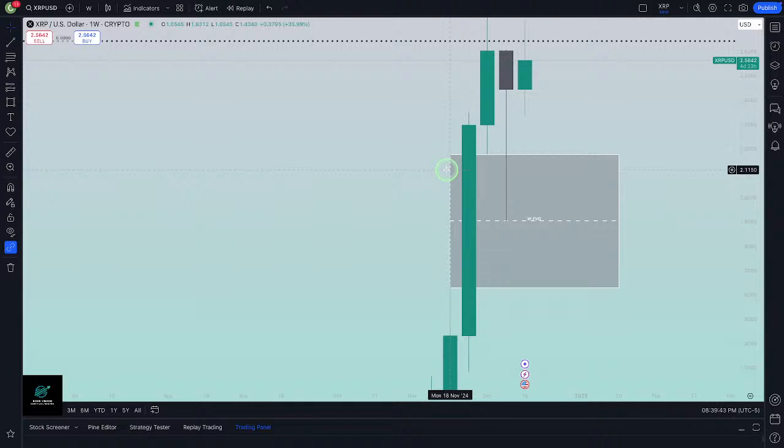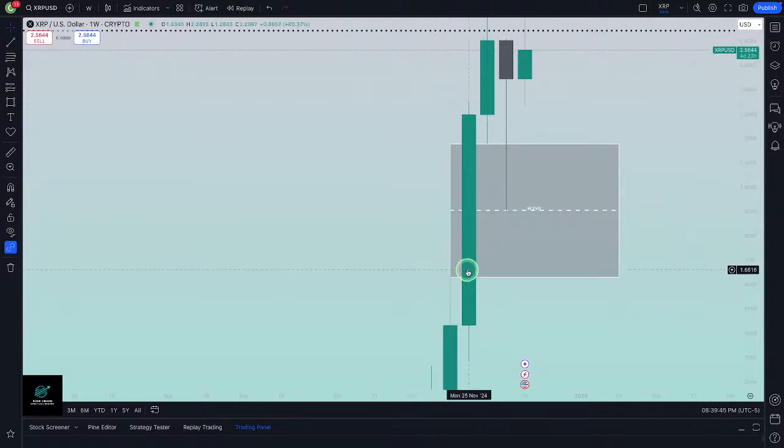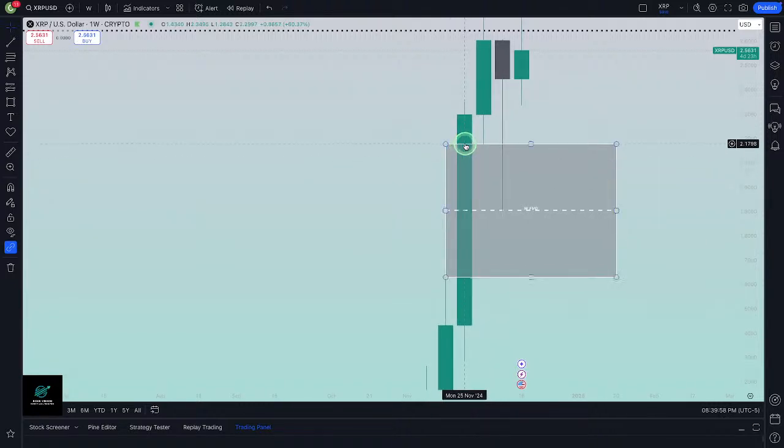What is a BISI? A BISI is a buy side imbalance, meaning it was imbalance going up. It was one directional, so it created an imbalance in price. It's a BISI: buy side imbalance, sell side inefficiency. It was inefficient with selling.